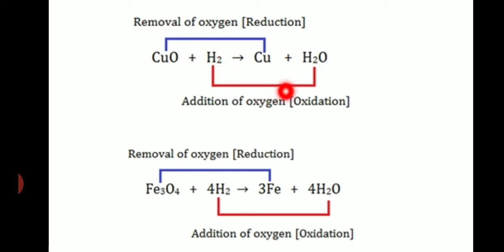But in the product part, oxygen is added. That means hydrogen, when it comes to the product side, becomes water by the addition of oxygen. What is addition of oxygen? It is oxidation. So in this reaction, it is a redox reaction.